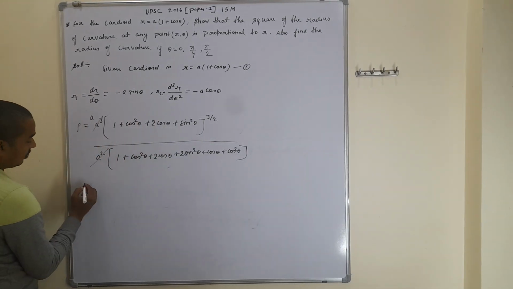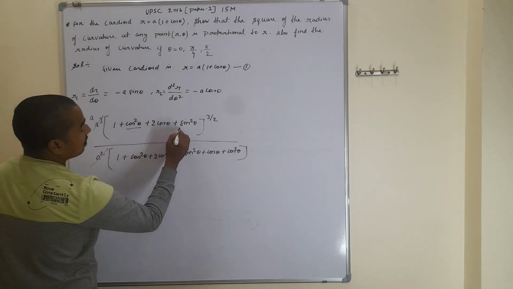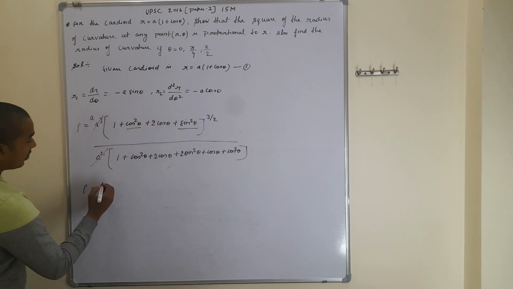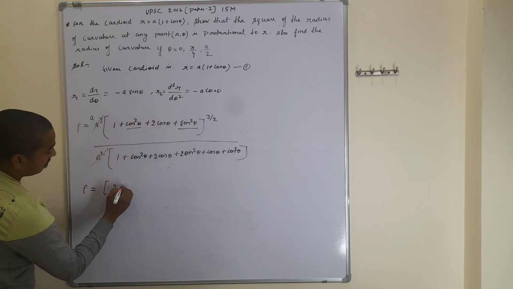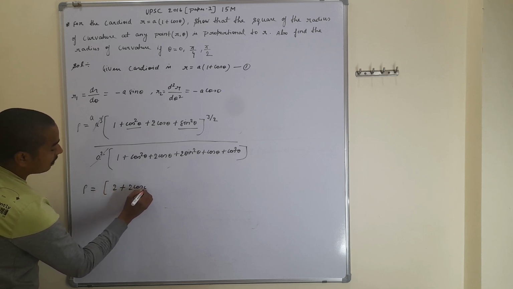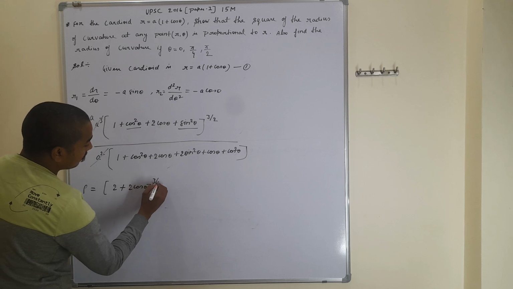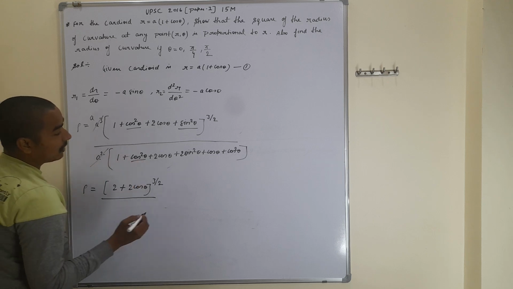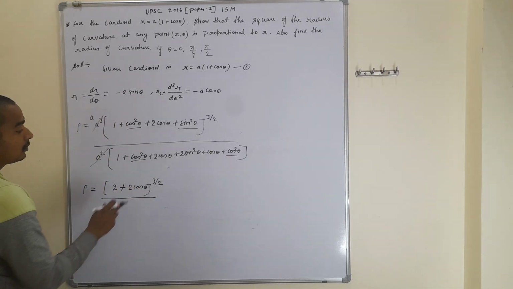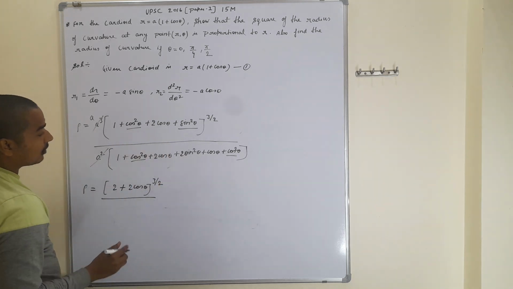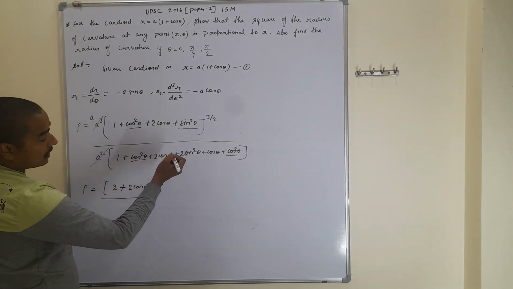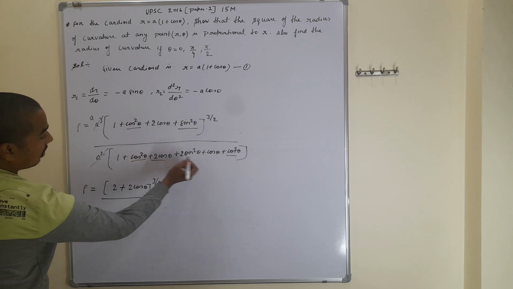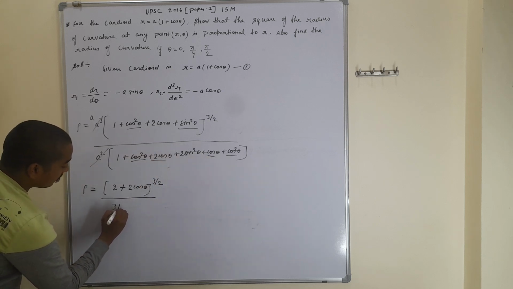From here rho is equal to, cos square theta plus sin square theta is 1, and 1 plus 1 is 2, that is 2 plus 2 cos theta, the whole power 3 by 2, upon, from here cos square theta plus cos square theta, that is 2 cos square theta, plus 2 sin square theta, that is common out 2 (cos square theta plus sin square theta), that is 2. 2 plus 1 is 3, and 2 cos theta plus cos theta, that is 3 plus 3 cos theta.